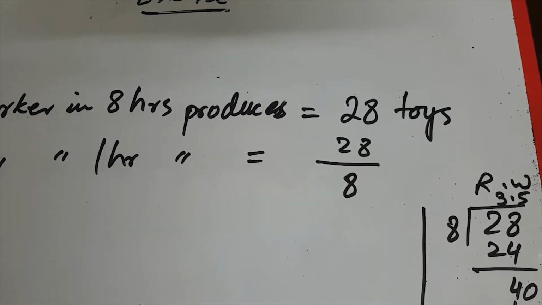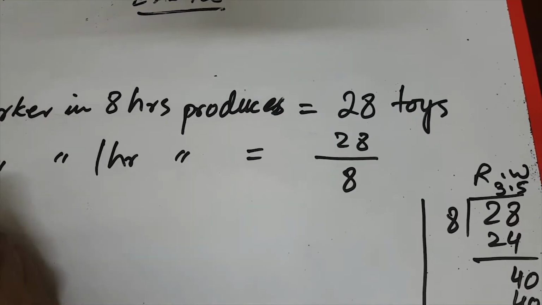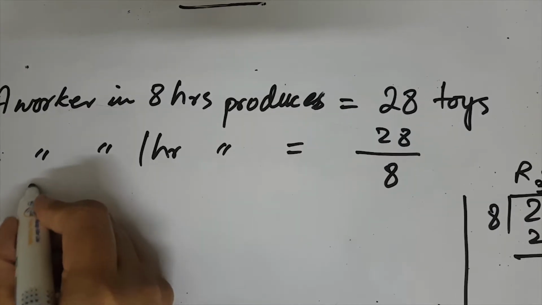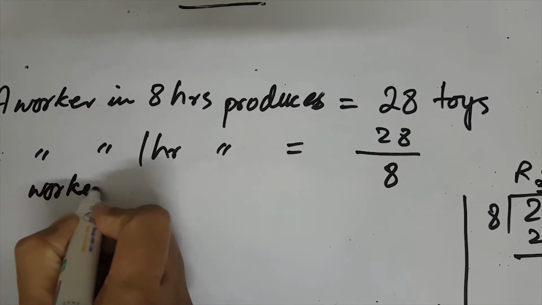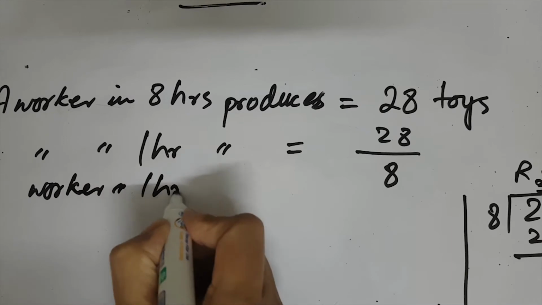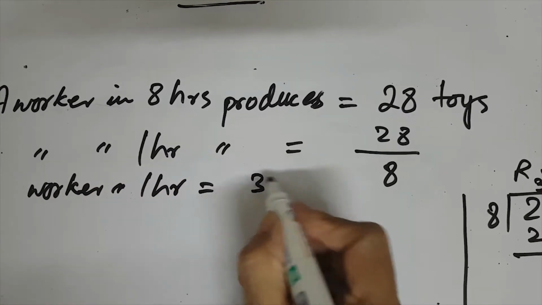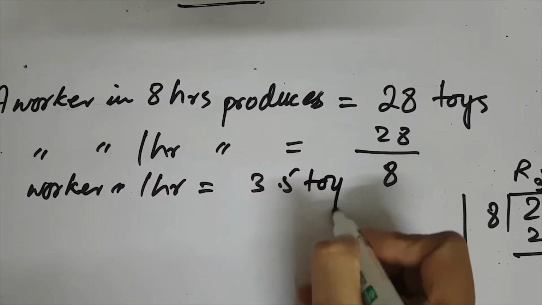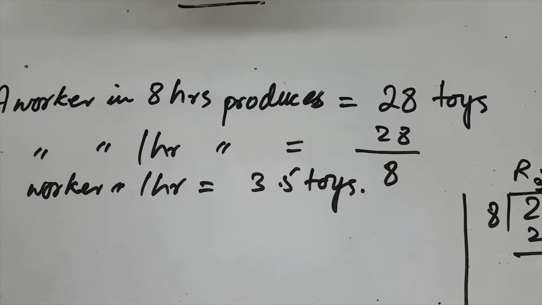Means a worker in 1 hour can produce 3.5 toys. Means 3 full toys and half of a toy is done by a worker in 1 hour.